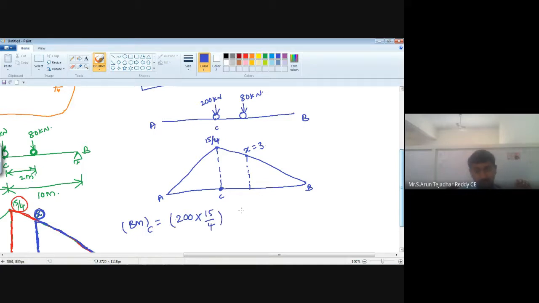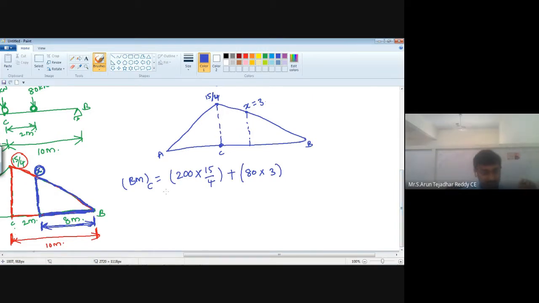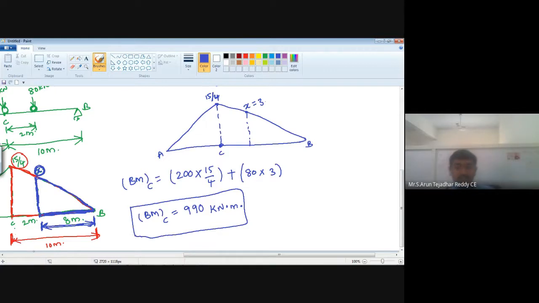Next plus, the next load is 80 kilonewton, ordinate is 3 meter, so 80 should be multiplied with 3. Then you will get the bending moment at C. What is the value? That is 990 kilonewton meter. So this is the full problem of bending moment at C.